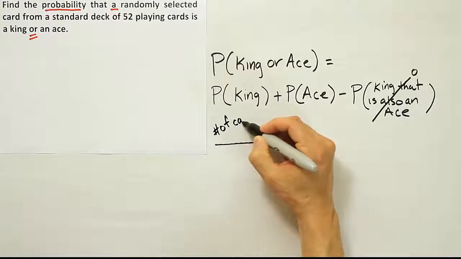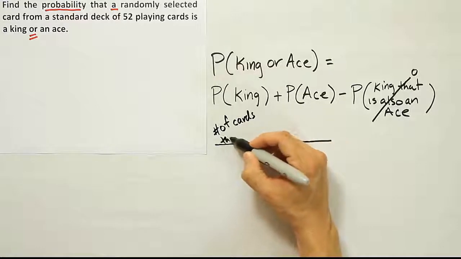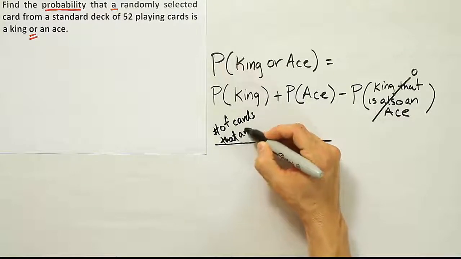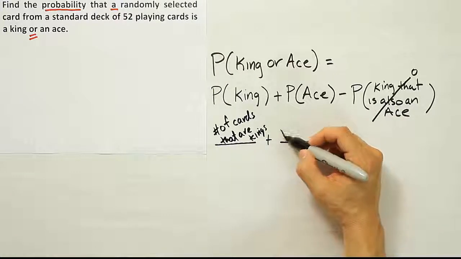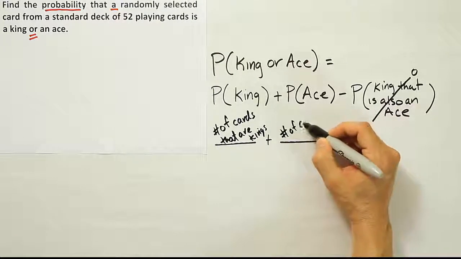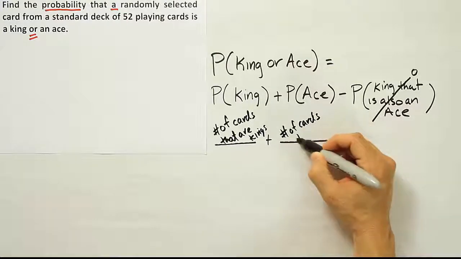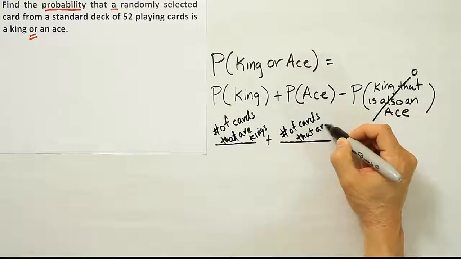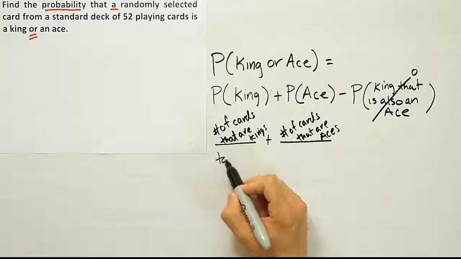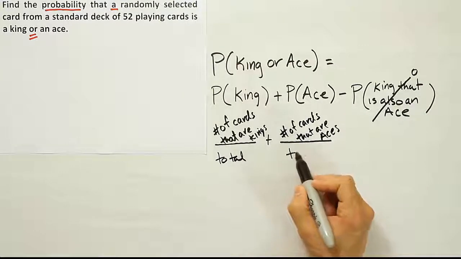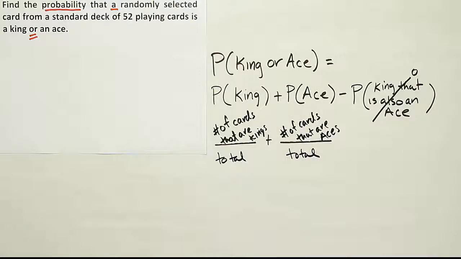In this case, number of cards that are kings. And here we'll say number of cards that are aces, right? And of course, both of these will be over the grand total, the total for the problem.